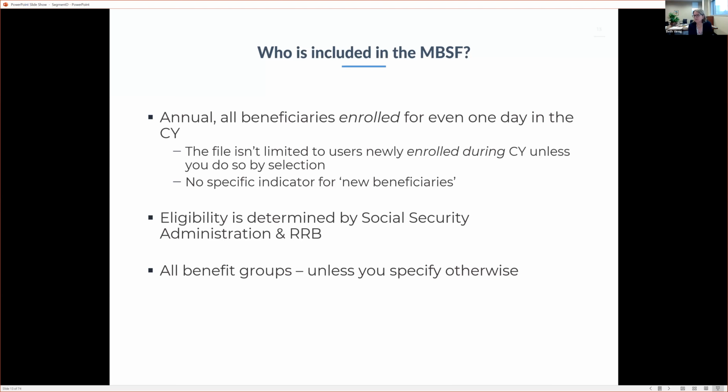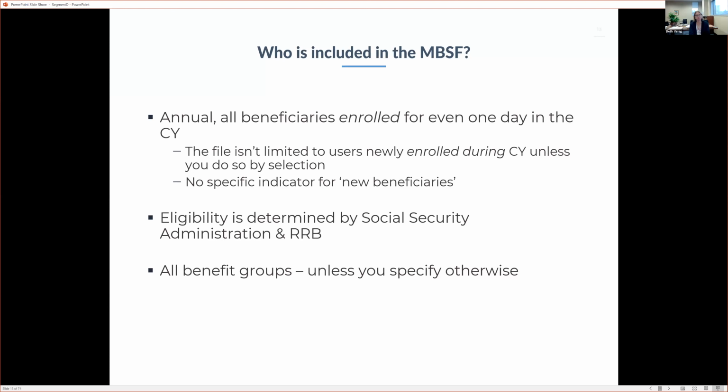If you want to limit to new users, you'll have to use selection criteria to find them. It's actually not an easy selection criteria to figure out, but it's certainly doable, and otherwise it will give you everybody. There's in fact no indicator for new beneficiaries. You're going to have to create a logic rule to find those new people.